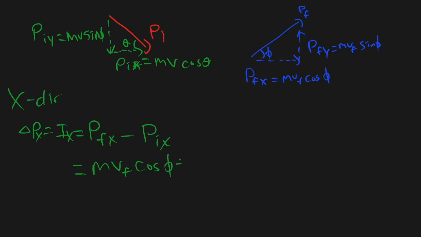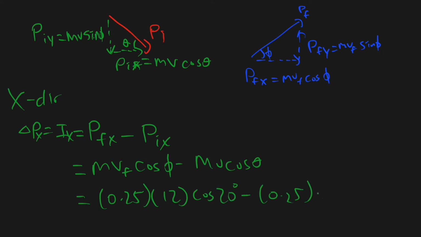Minus your initial horizontal momentum, which also has a positive sign because it's also pointing to the right: mv cosine theta. This equals 0.25 times 12 cosine 20 degrees minus 0.25 times 15 meters per second cosine 30 degrees, which is equal to negative 0.4285.